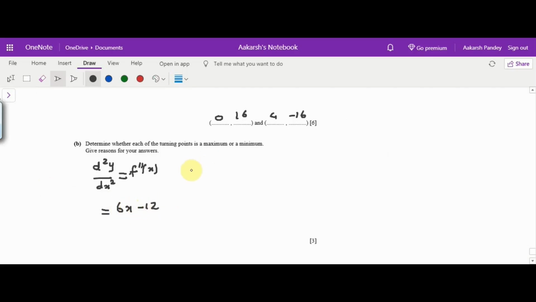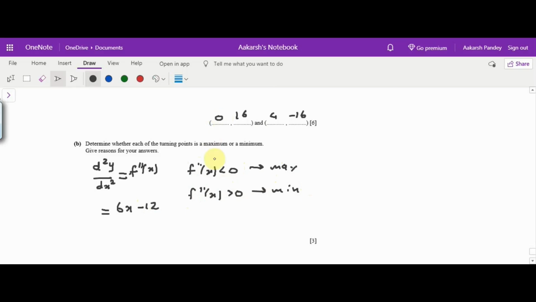Now if f double dash x is less than 0, then it is a maximum. If f double dash x is greater than 0, then it is a minimum.